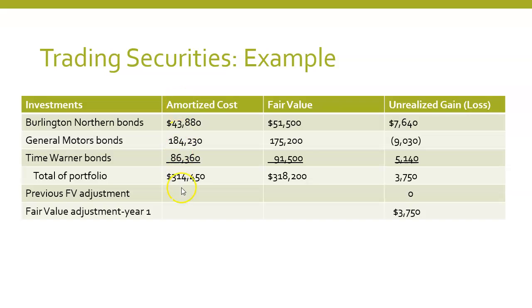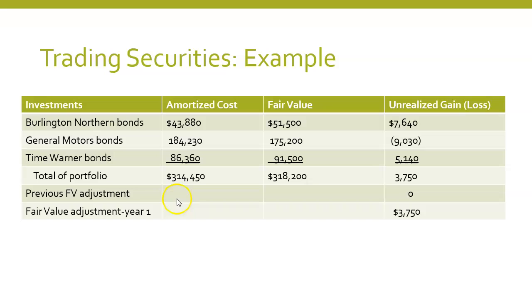So the total of our amortized cost for our whole portfolio is $314,450. The total of the fair market value is $318,200. The difference between those two is $37.50 unrealized gain. Okay, which I could also get by going down here, taking Burlington Northern minus the General Motors loss plus the Time Warner gain, and getting $37.50.